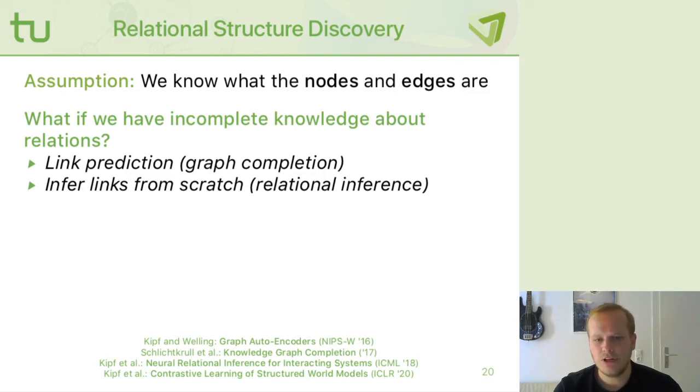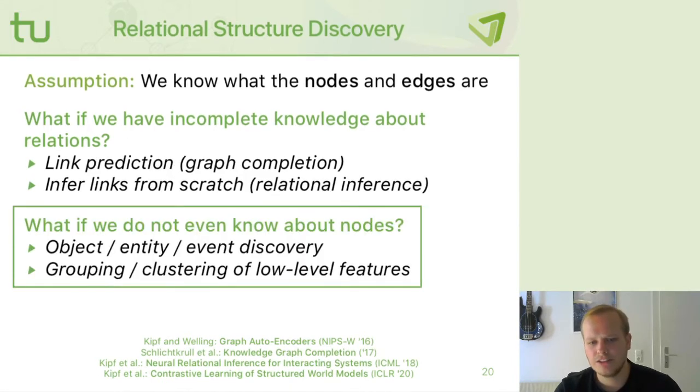This gets a bit more interesting in case you know only about the objects or nodes in a scene, but you have no knowledge about the relationship of those nodes. And this problem is typically referred to as relational inference, where you want to infer all the links from scratch. And the second question is, what if we do not even know about the nodes?